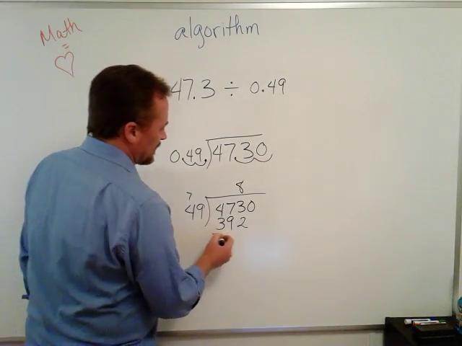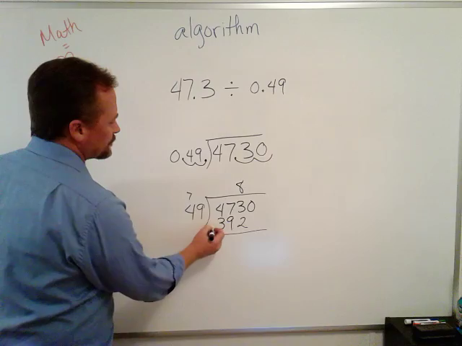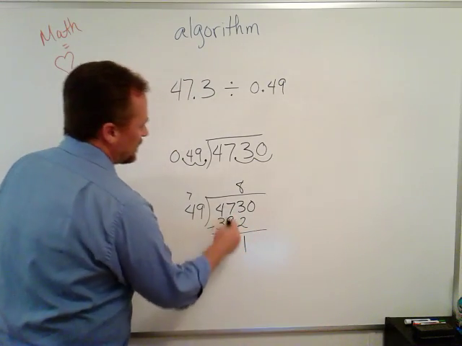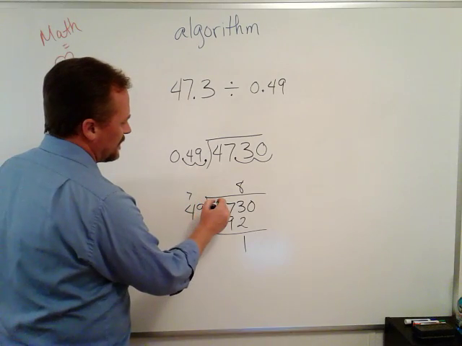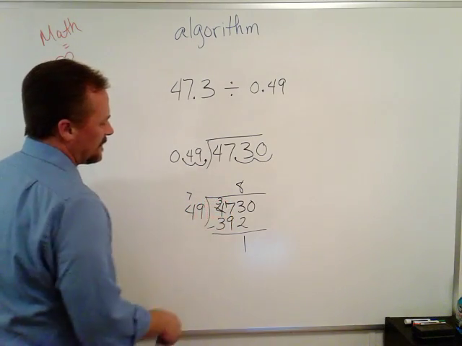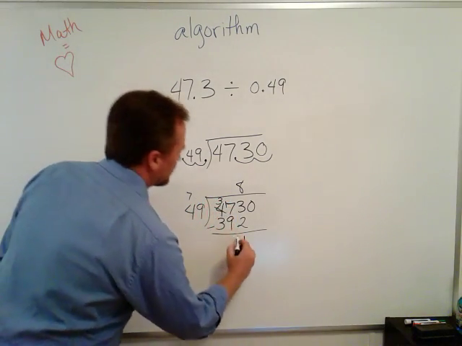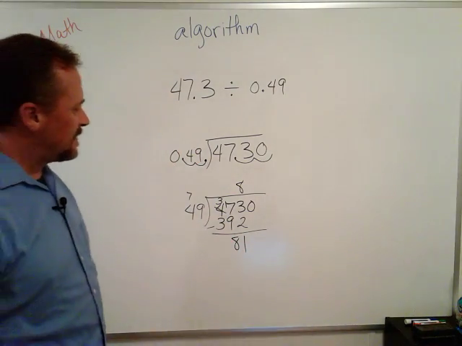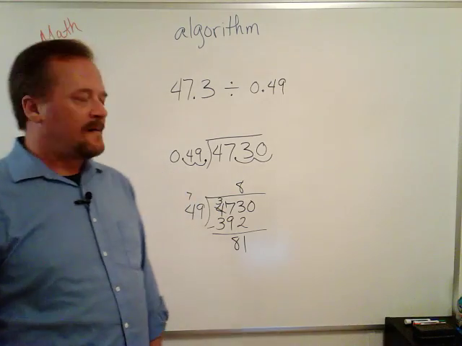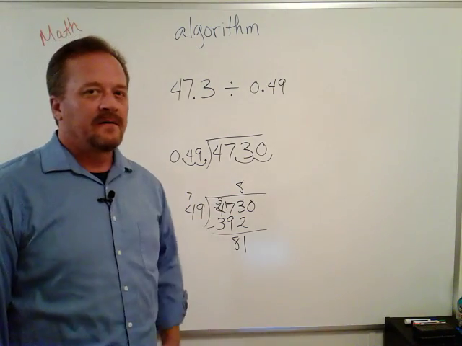I don't think I can use 9 because I'll get bigger than 47. So let's go ahead and subtract this. 3 minus 2 is 1. 9 can't come out of 7, so let's borrow 100 from over here and give it here. 17 minus 9 is 8, and 3 minus 3 is 0. 81. Now here's a trick. Can we use 8?